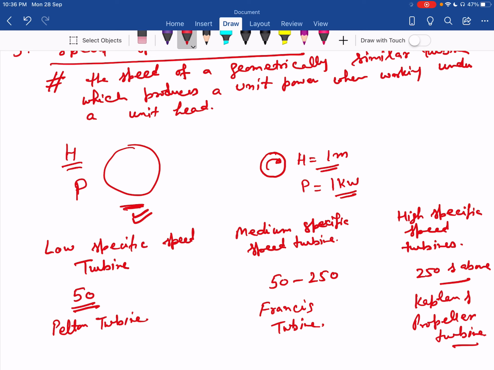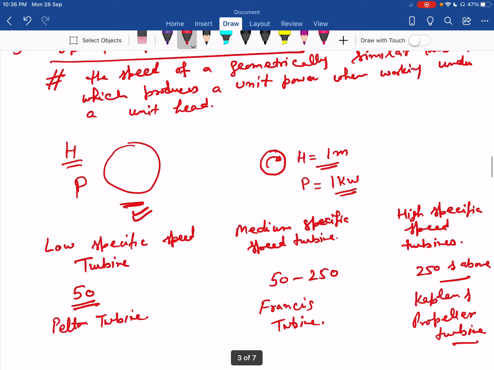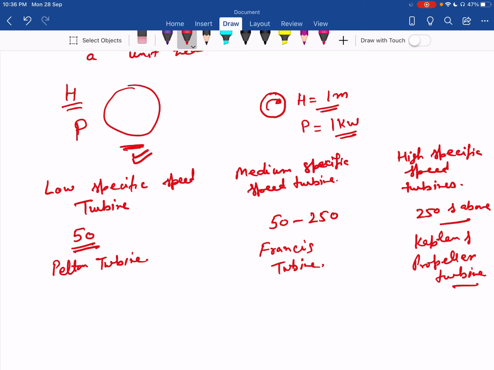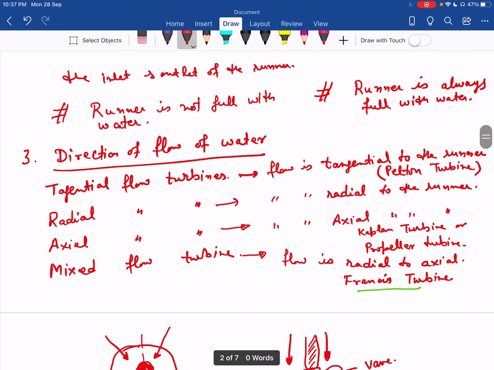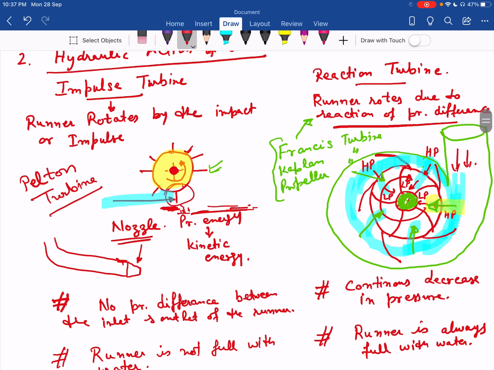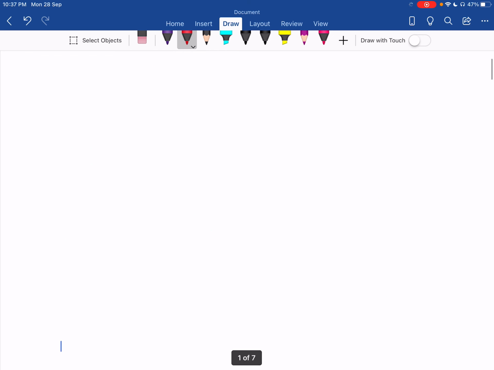Now again, you can see in Pelton turbine, the turbine may be with single nozzle or with multiple nozzle. So for single nozzle, this range is up to 30, and 30 to 50 we have for multiple nozzles. Multiple nozzles means these nozzles.